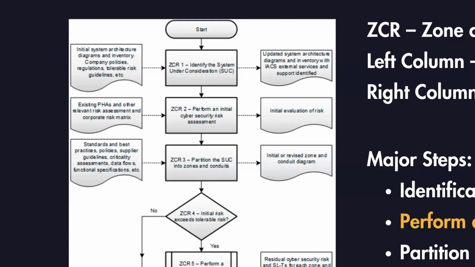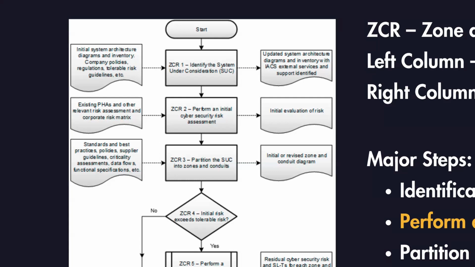For example, ZCR1, identify the system under consideration. We talked about it in the previous slide. So what are the inputs that you have to have from the end user or customer, or maybe within your organization? Have the system architecture, have the asset inventory. Maybe you can collect the company policies, regulations, or the tolerable risk guidelines. So many such input documents you need.